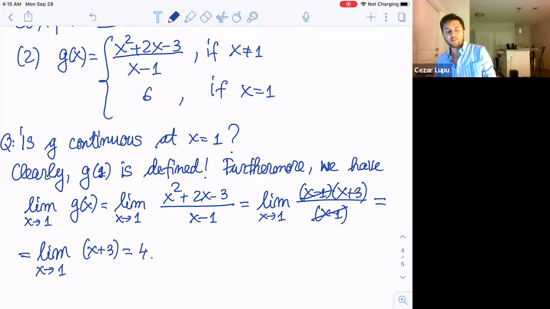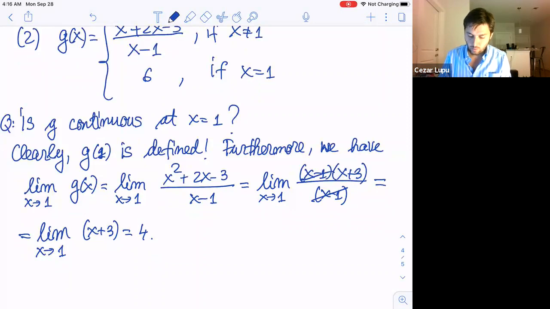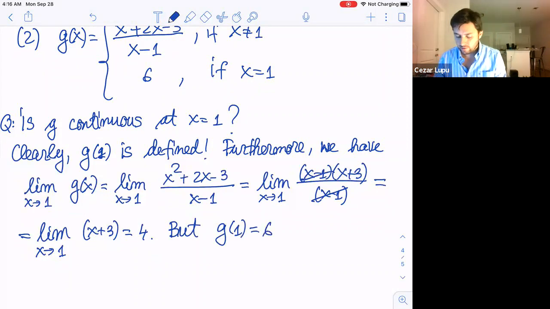Now, we're not done. Keep in mind that we have the third condition, and that was the most important condition: the limit of the function at that point has to be equal to the value of the function at that point. In other words, what is g of 1? But g of 1 is 6, so 6 is not equal to 4.